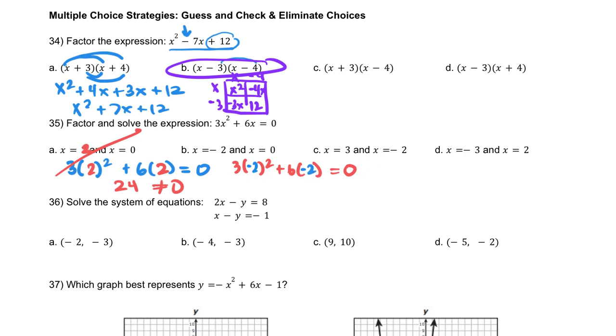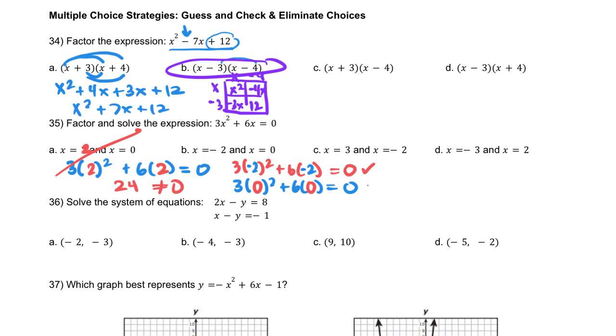So this one worked, which means I want to test my other point. So 3 times something squared plus 6 times something we hope equals 0. This time what we're plugging in is 0. And we end up with this being 0 and this being 0, and 0 plus 0, of course, is 0.